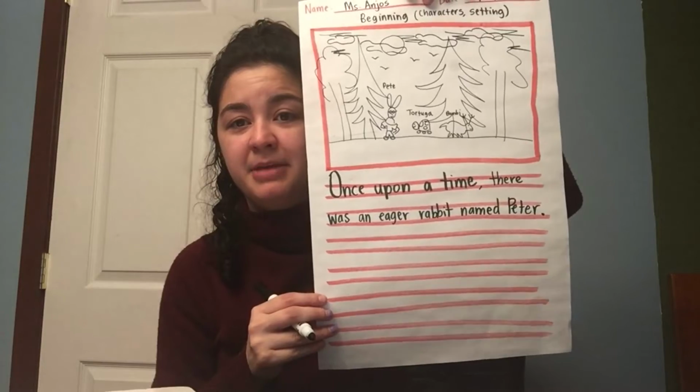I'm looking at my story map so I make sure I'm doing it correctly. Named Peter. That's just my first sentence. Once upon a time, there was an eager rabbit named Peter.